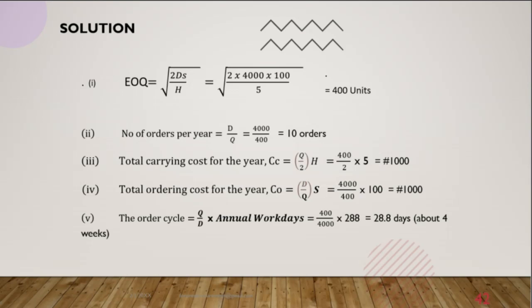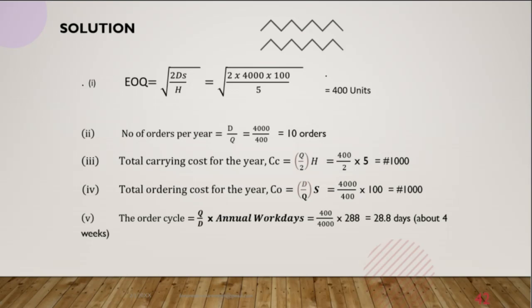We have said that economic order quantity is equal to the square root of 2DS over H. If we expand that, we will get 2 multiplied by 4,000, which is the annual demand, multiplied by 100, which is the ordering cost, divided by 5, which is the carrying cost.